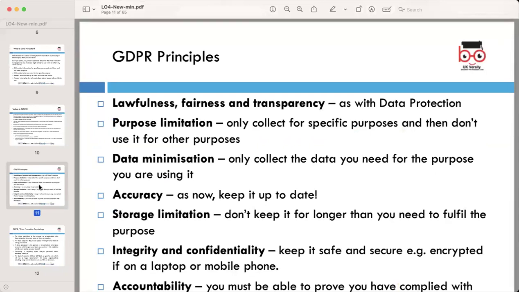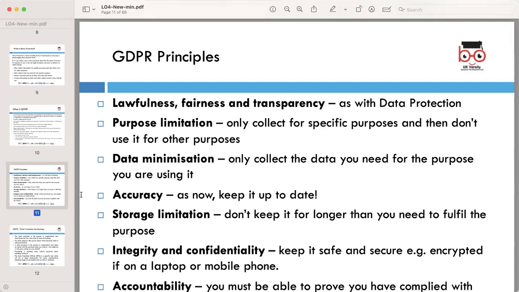Then GDPR principles: lawfulness, fairness, transparency, aligning with data protection principles, processing must be lawful, fair, and transparent. Purpose limitation: collect data only for specific purposes, refraining from using it for unintended purposes. Data minimization: collect only the necessary data for the intended purpose.